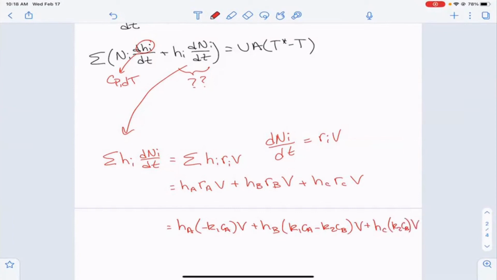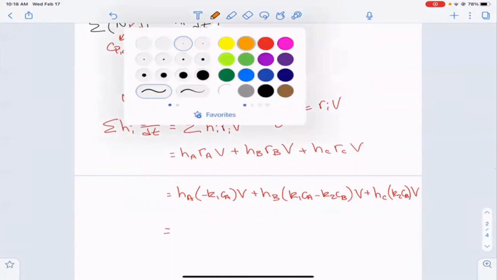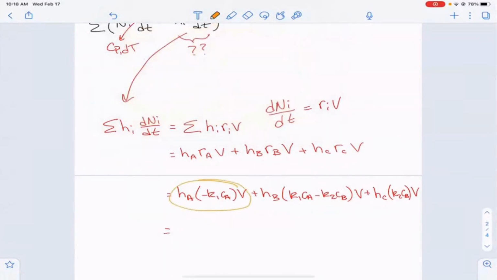All right. Now what we can do is group some terms, because we see we have things like K1 CA V both here and there, and we have K2 times CB times V here and there. So let's group those and bring those out front.